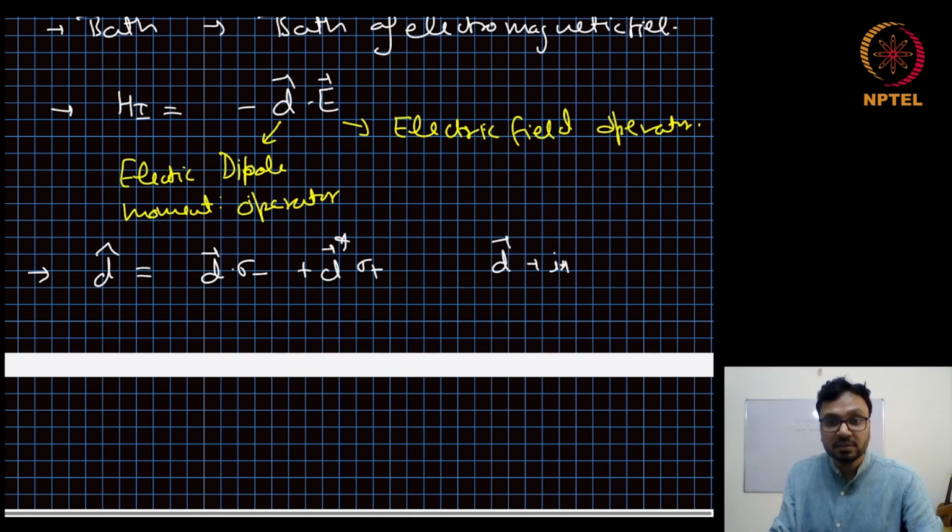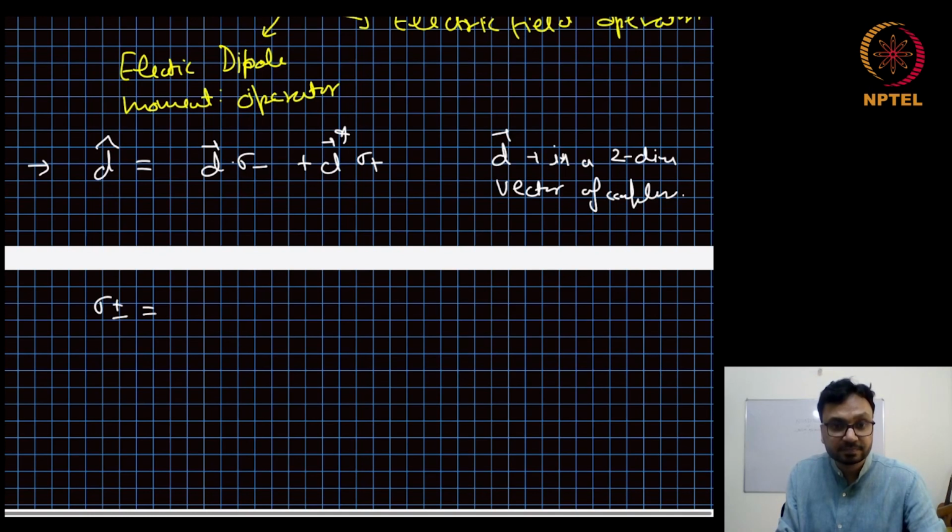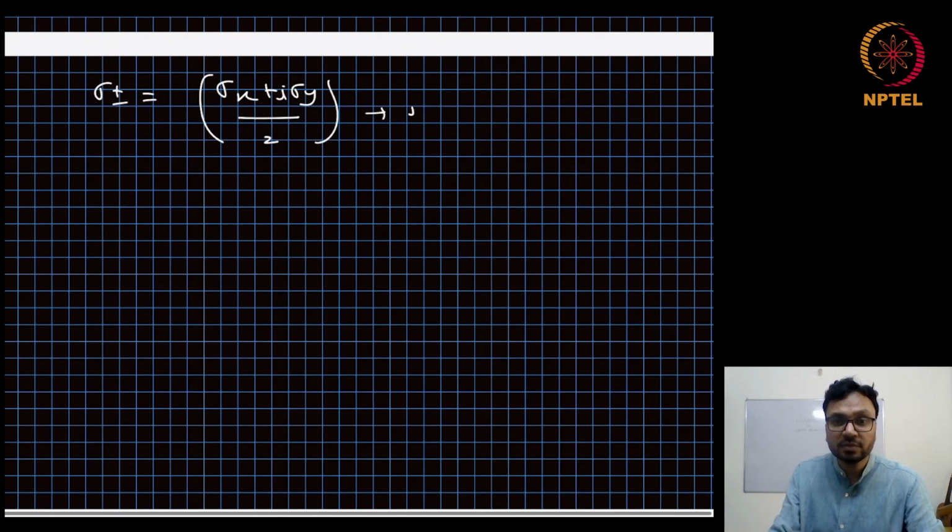where D vector is a two-dimensional vector of complex numbers, and sigma plus and minus are given by (sigma x plus or minus i sigma y) over 2. Let me remind you, sigma x is (0 1; 1 0), and sigma y is (0 -i; i 0).